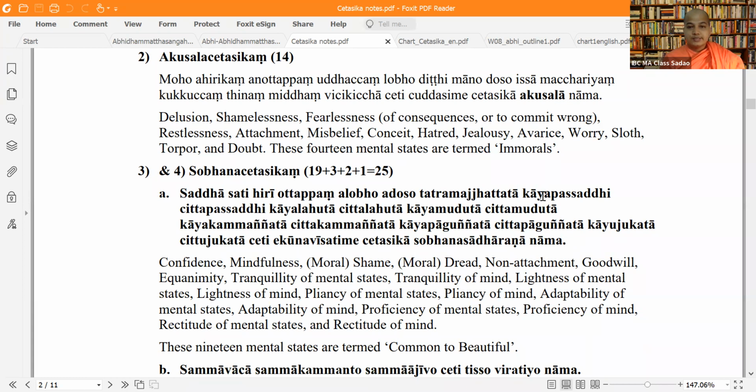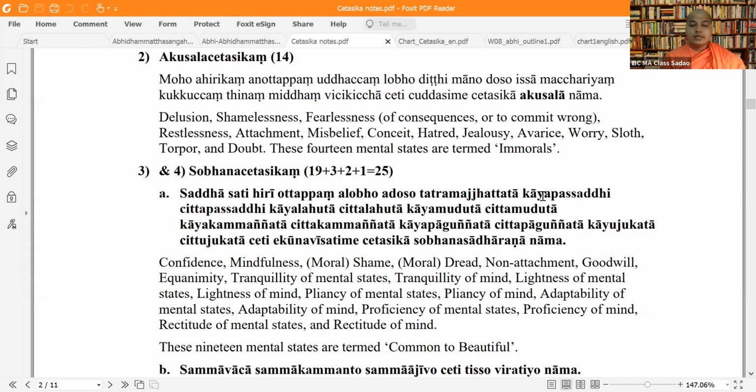So these are probably referring to different layers of tranquility in the mind. Okay, different layers. I can just give you this reference.